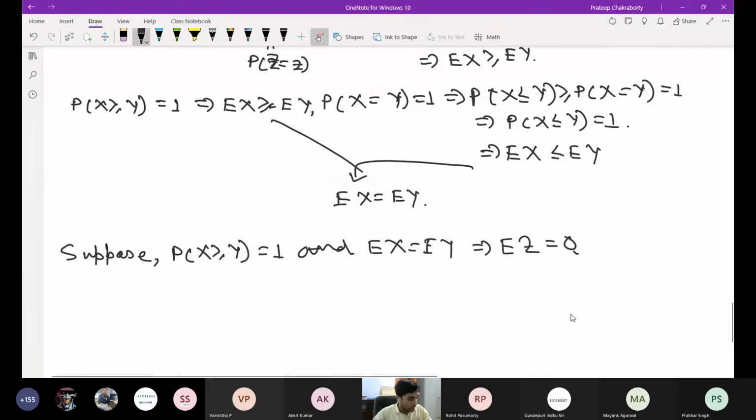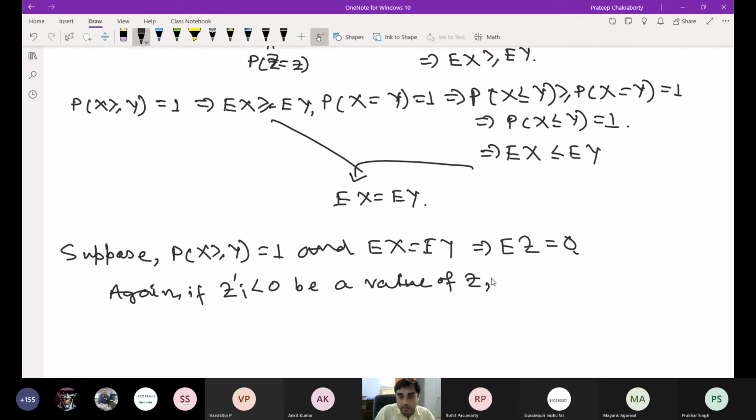Now, just as we did in the last case, here also, if zi prime negative is a value of Z, then P(Z = zi prime) is equal to 0.